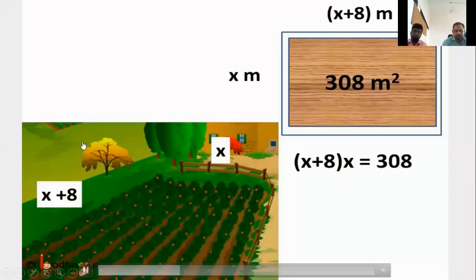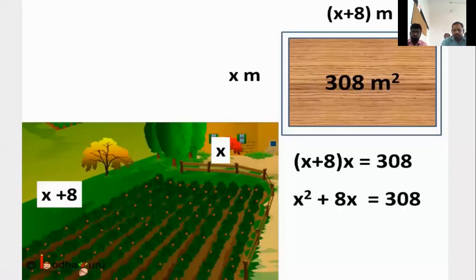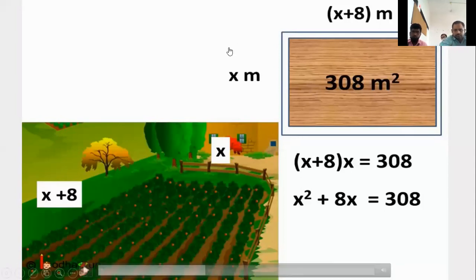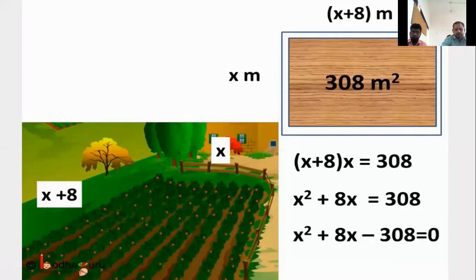Opening the bracket, we get x square plus 8x equal to 308, or x square plus 8x minus 308 equal to 0.